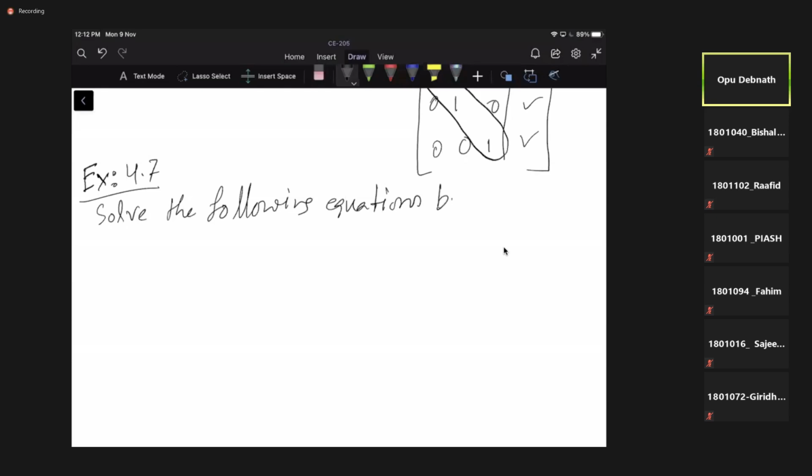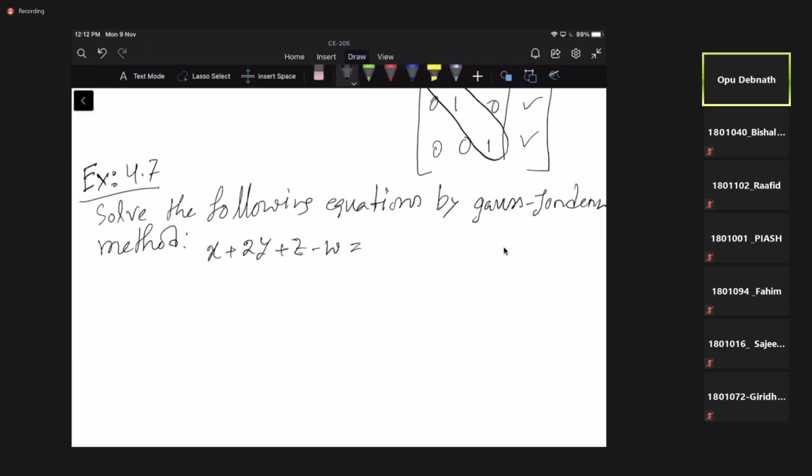Solve the equations by the Gauss-Jordan method. The equations are as follows: x plus twice y plus z minus w.